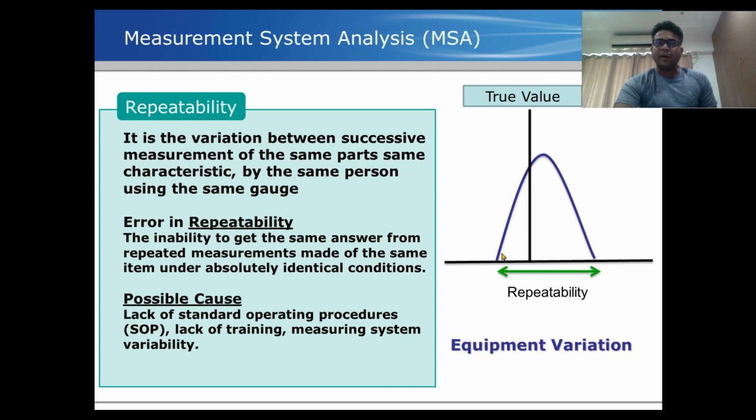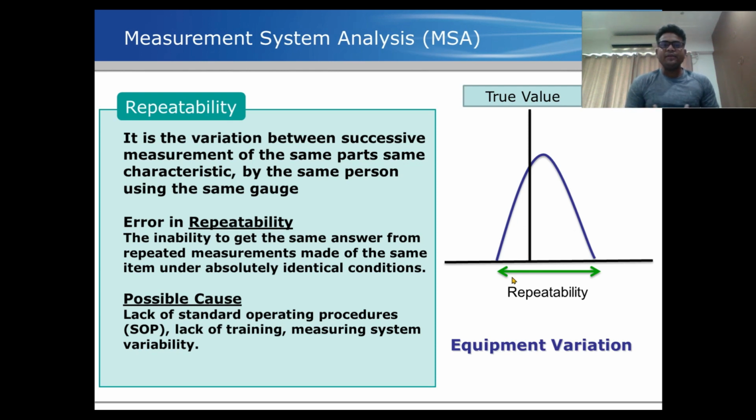It means that your part is the same, your characteristics are the same, your measuring instrument is the same and your person is the same, but your observation is very different. At first time your observed value is this, at second time your observed value is this, at third time your observed value is this. Like that your values are differing from your true value. So this is called repeatability.